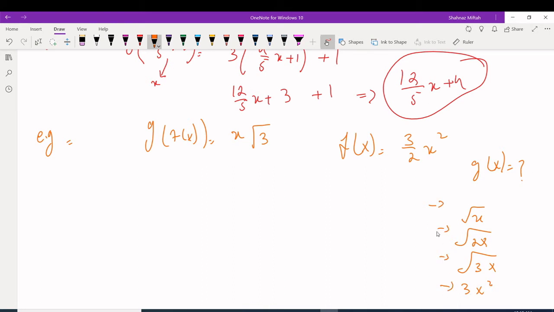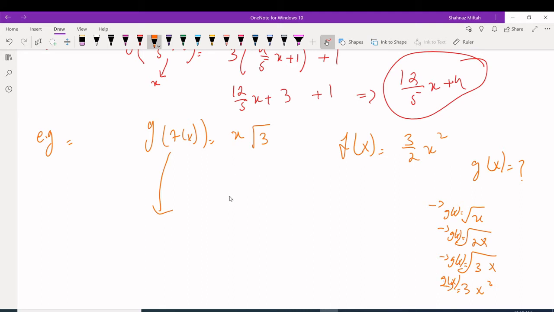So the easy way to find out what my g of x is going to be is to solve this using your g of x function. These are all g of x functions, like the answers. To figure out g of x, I will just do the composition between this f of x and all the answers, and figure out how it goes.